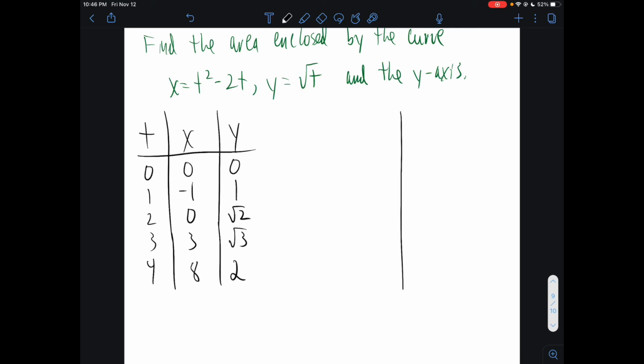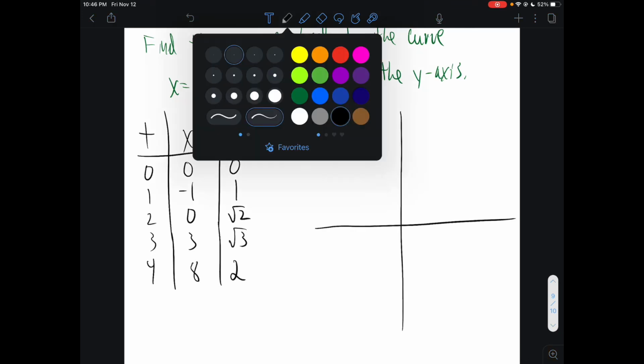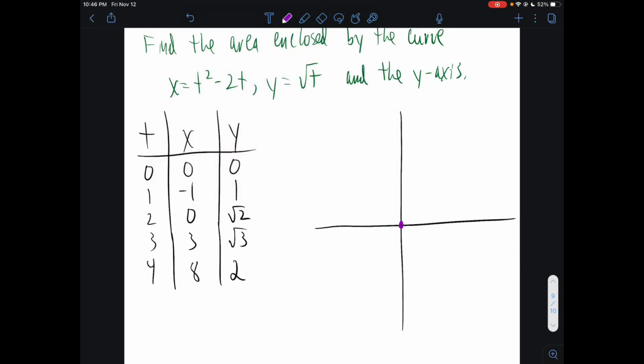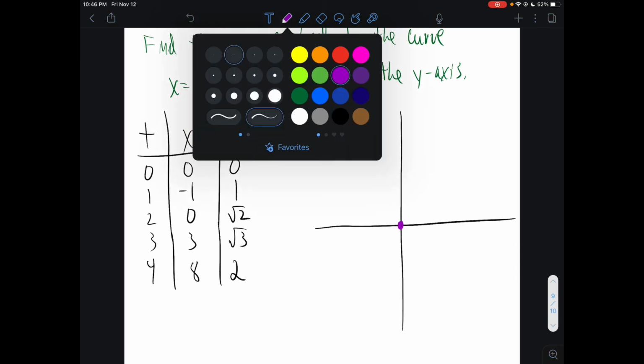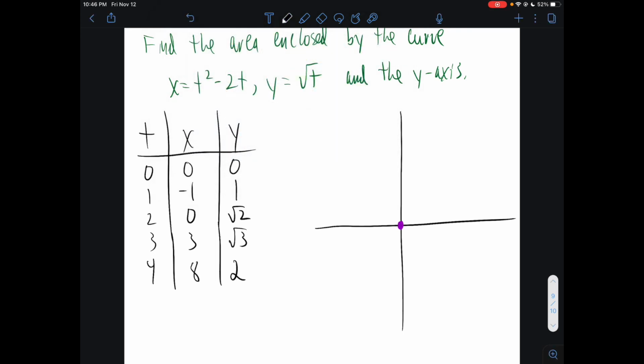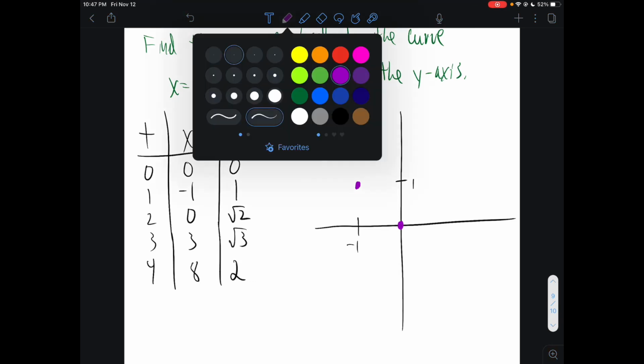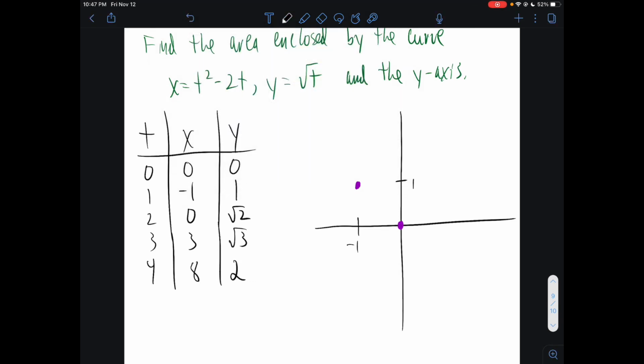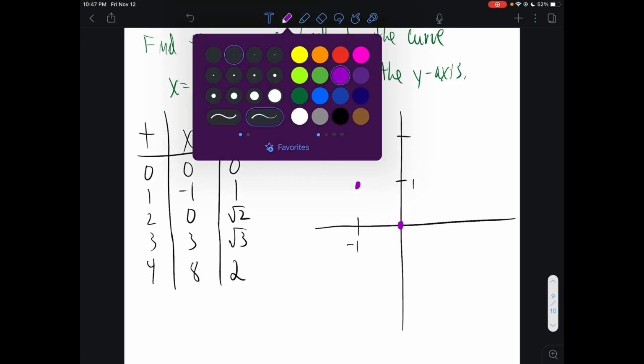We actually only need a little bit of this, because when this curve is traced, it starts at 0, 0. It goes to the left for x equal to negative 1 and y equal to 1. And then it goes back to the right to cross back through the y-axis. x equals 0 and y equal the square root of 2, which is almost halfway between 1 and 2.